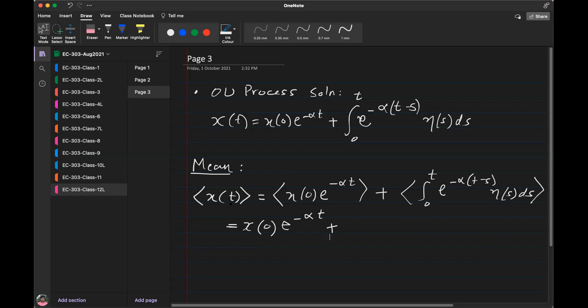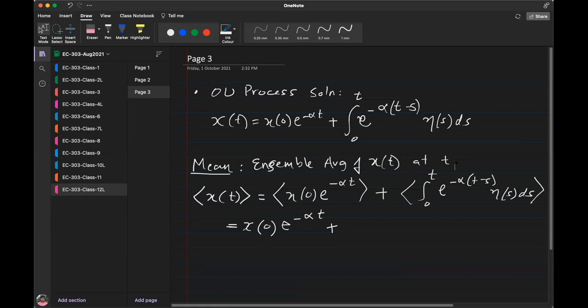So this is similar to an ensemble average. It's an ensemble average of x of t. I mean, x of t means at t, but I'm just making it explicit.